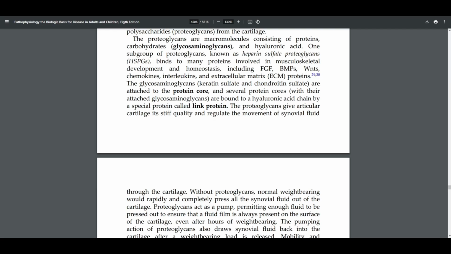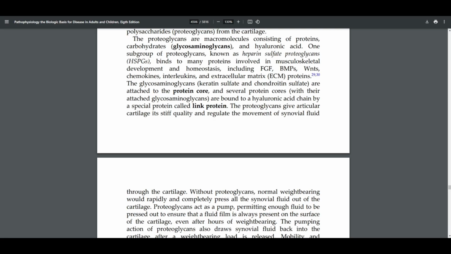The glycosaminoglycans are attached to the protein core, and several protein cores are bound to a hyaluronic acid chain by a special protein called link protein.